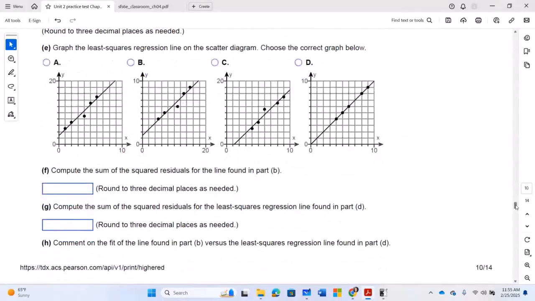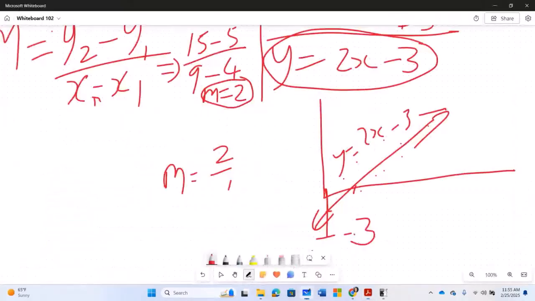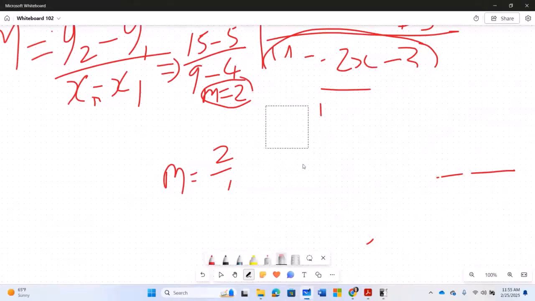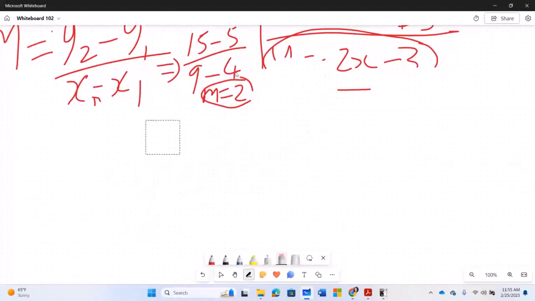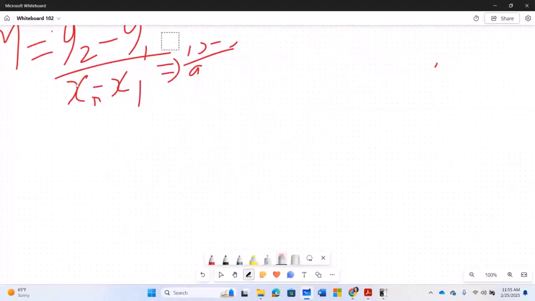Okay, well, let's go ahead, and by the way, what is a residual? Let's make sure we remember what a residual is. Residual is observed y minus predicted y.